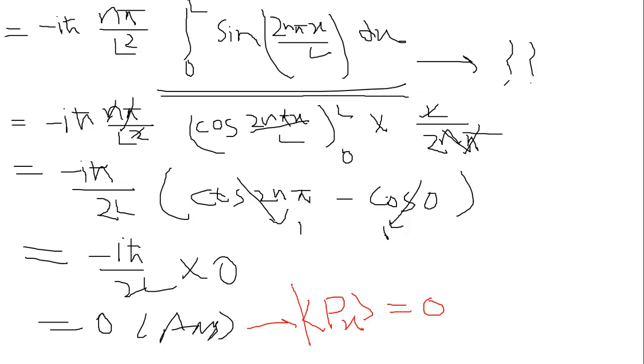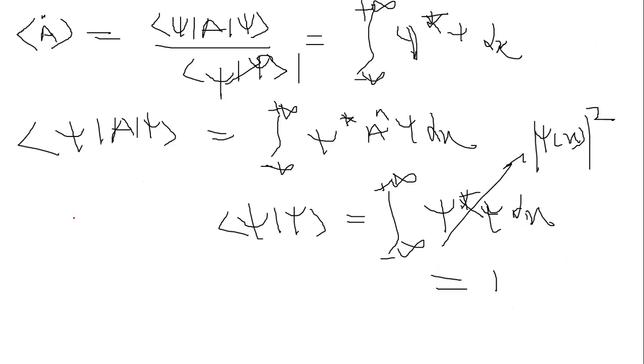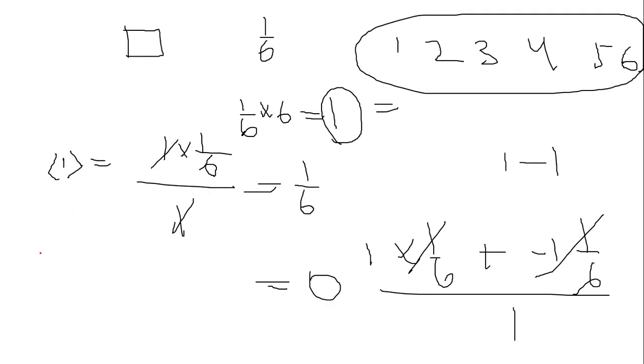So the particle can have any value of momentum with equal probability. Suppose, in this example, there are different values like 1, minus 1, 2, minus 2.